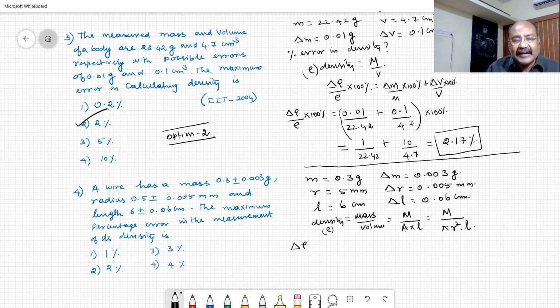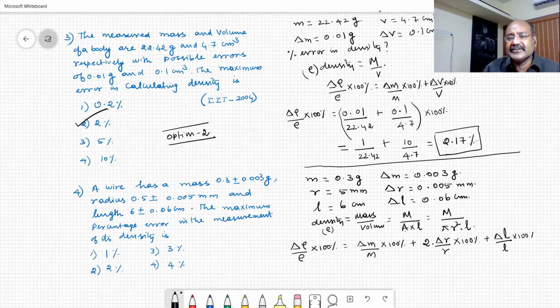So I can calculate delta rho divided by rho into 100% is equal to delta M divided by M into 100% plus, since pi is a constant, we leave it out, instead of r square you write 2 into delta r divided by r into 100% plus, for L, delta L divided by L into 100%.